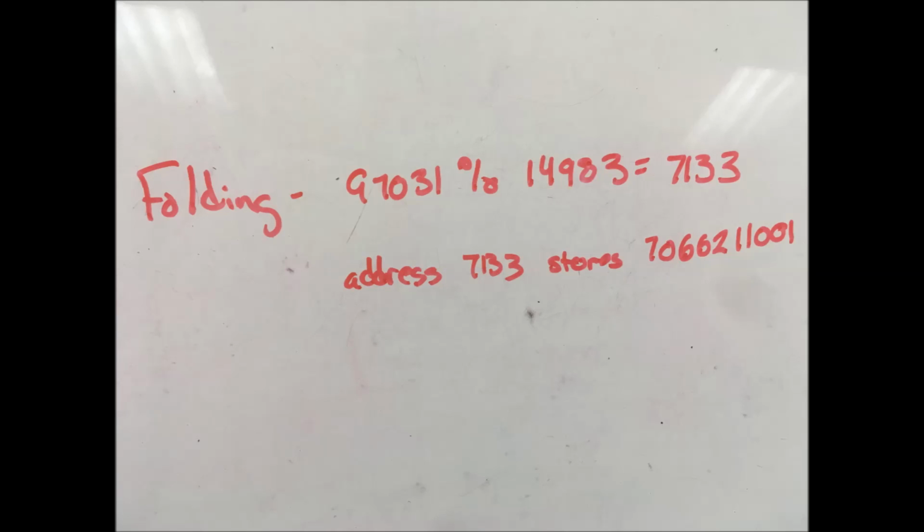The address 7133 is the location to store barcode 70662-11001. Finally, in the address 7133, there will be stored all the fields related to this item, such as the price and the name of the item.